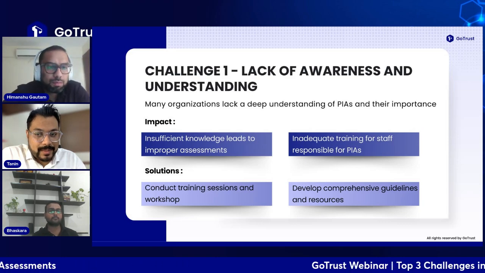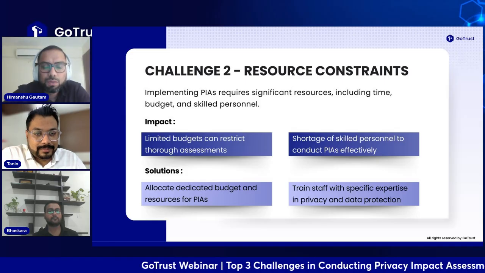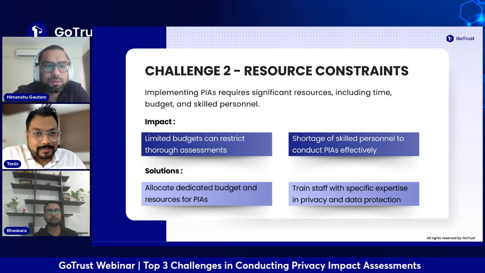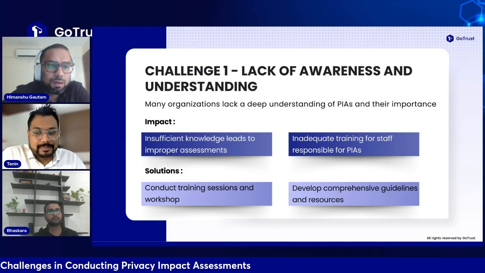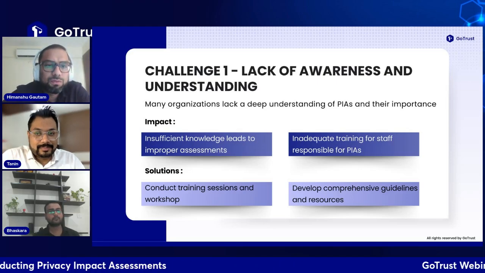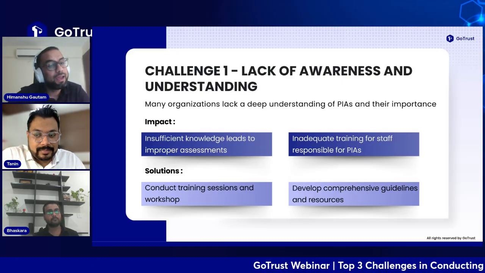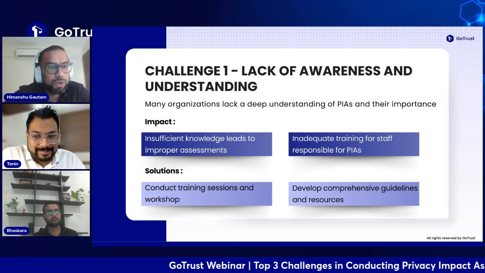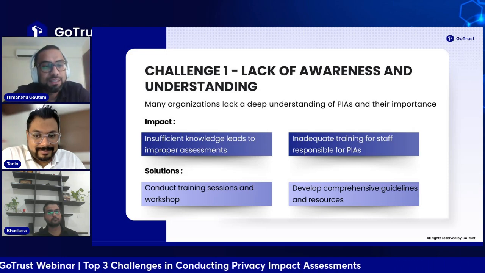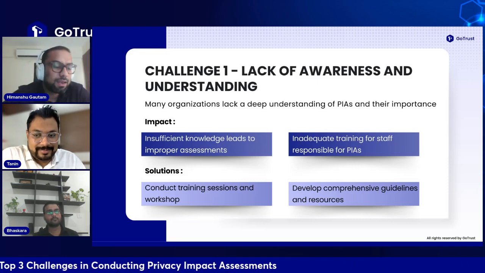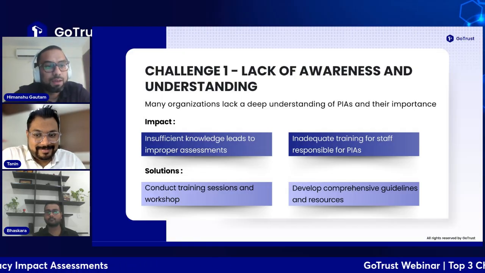Then the next problem, which is also in front of you on the screen, is point number 2: inadequate training for staff responsible for DPIAs. This is a one level higher problem: people who are giving training, do we have enough trainers to train? That's the next level of problem. And I think there the tools are helping us. One of them is GoTrust, where we have the awareness programs.